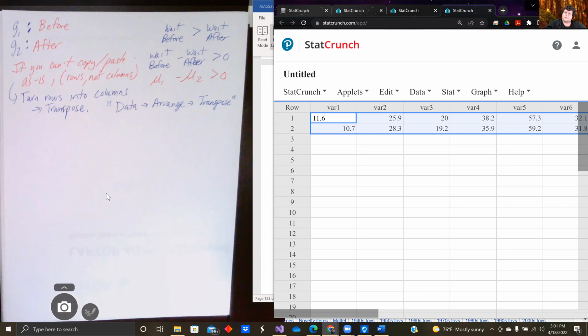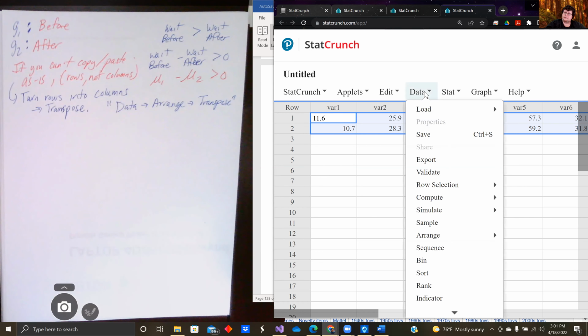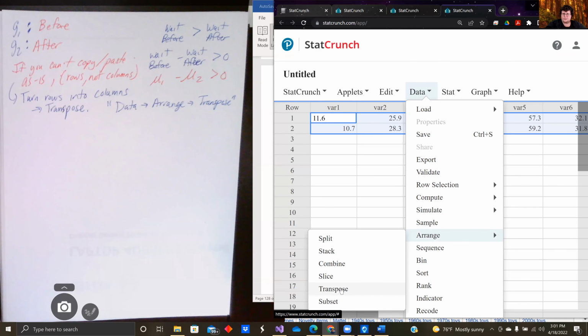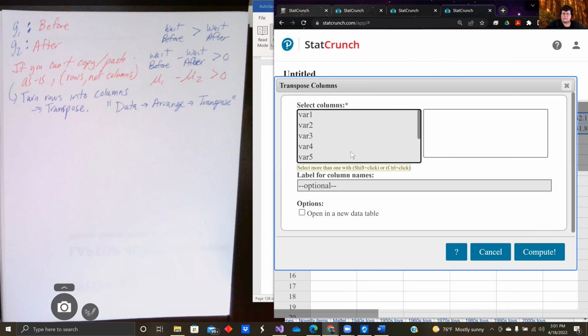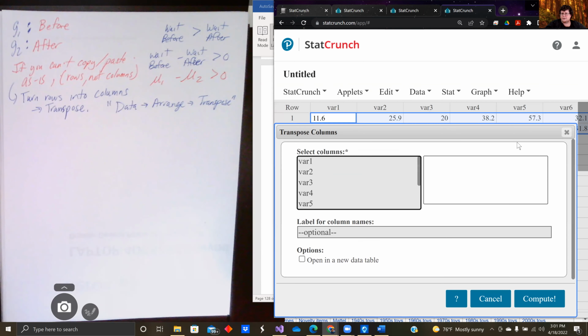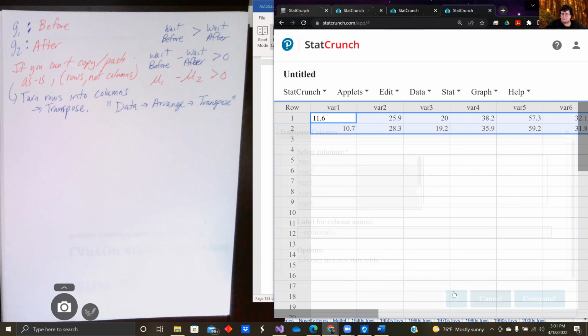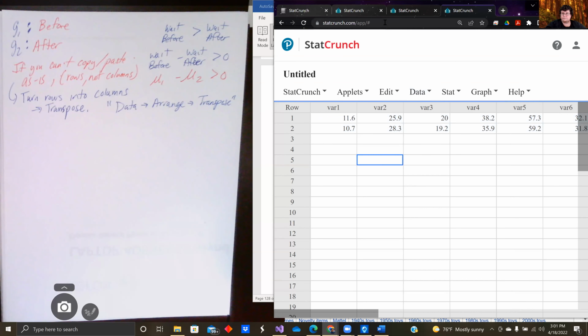So that's what I'm going to do here. Data, arrange, transpose. And I need to tell it all the columns I'm working on. So how many columns does this take up?